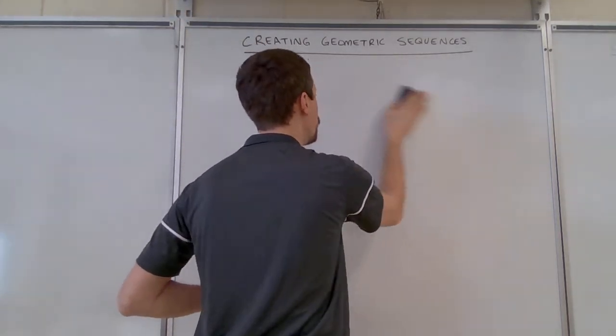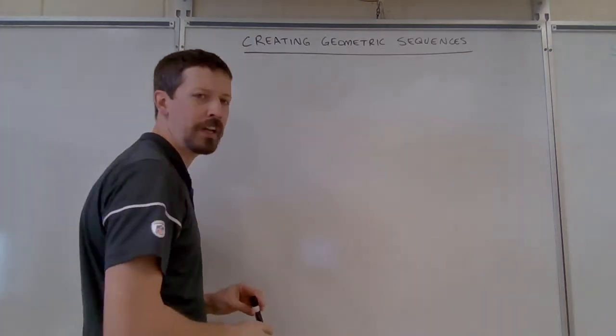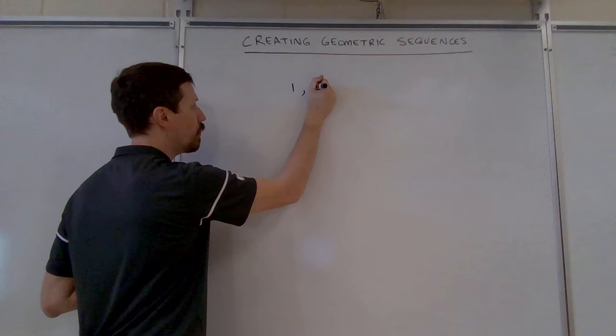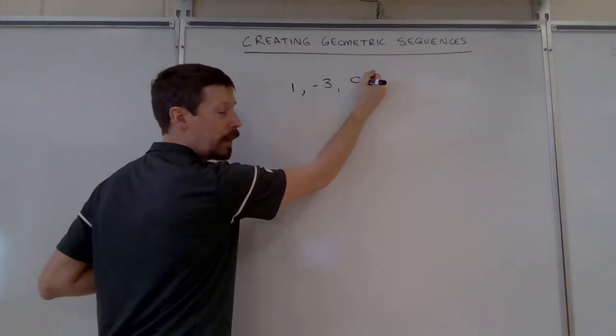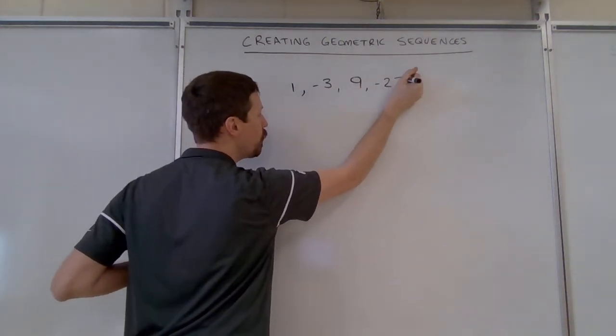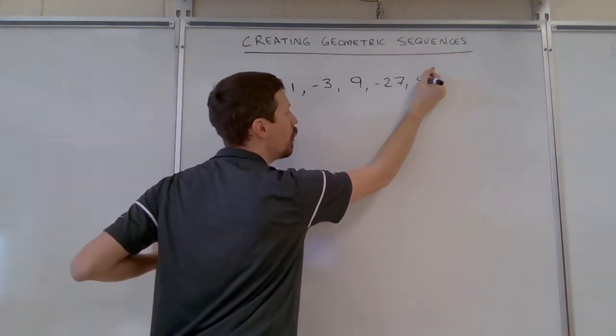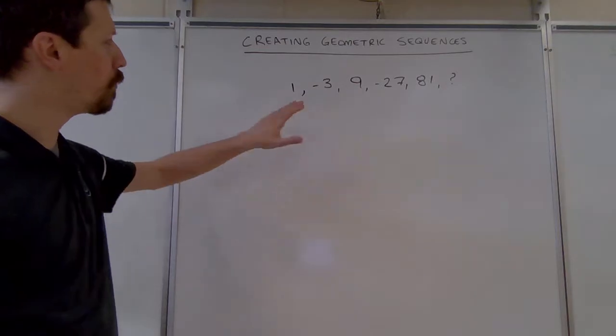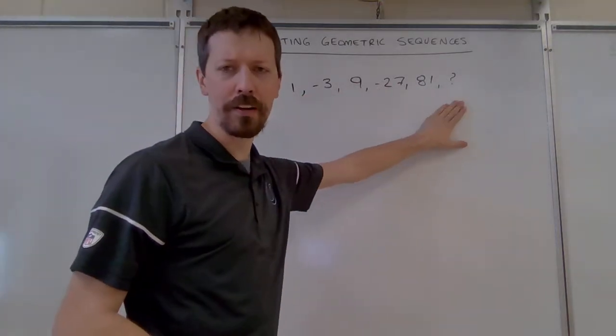Number 3 is the tricky one, so if you've not tried it yet, go ahead, pause the video, give it a shot. All right, so it gives us this sequence, and we've seen some kind of like this before. You'll notice it's going positive, negative, positive, negative, positive, negative, all right?